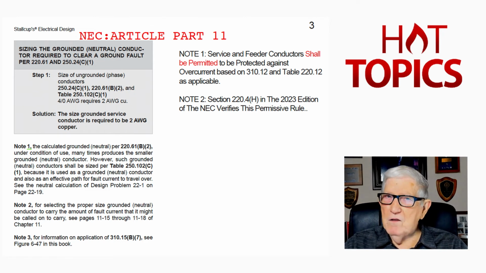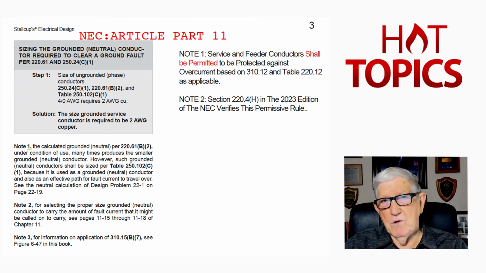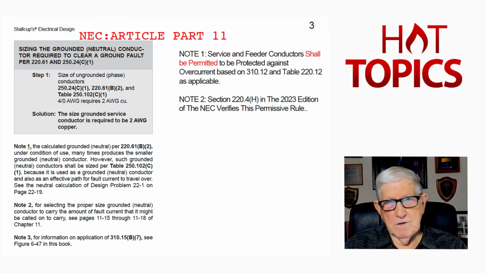Now, how are they going to look at this when it says protect it at the ampacities? Will they consider that 225 amp main protecting those 3-aught conductors, or would they require a 200 amp main to protect those 3-aught conductors? You see what I'm saying?